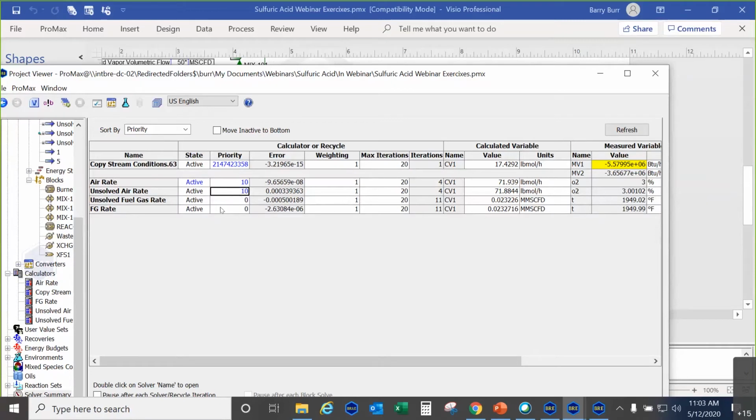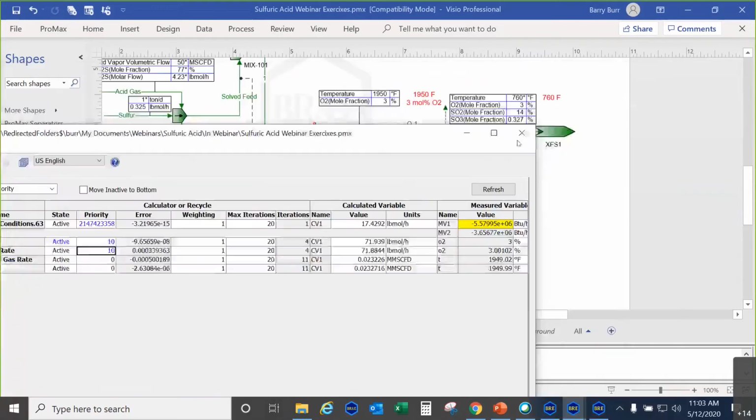Recycle blocks also have priorities, and we haven't seen any of those right now, but usually I put all the recycle blocks at the same priorities. So I'll pick a priority number like 5, and all the recycle blocks will share that same priority level. But solvers usually work better when they're at different priority numbers. So I hope that answers your question.